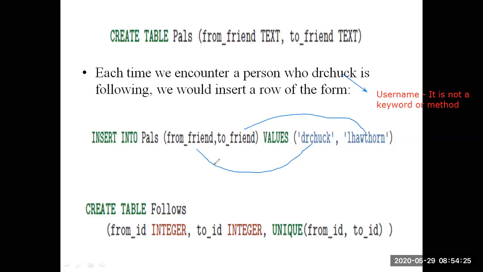If I do this, then what happens? If I process 20 friends of Dr. Chuck for the Twitter feed, then I will be inserting 20 records with Dr. Chuck as the first parameter.